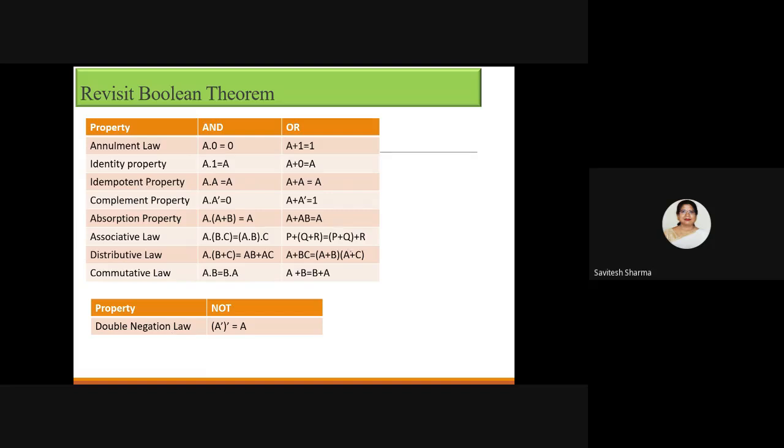Sometimes you will find these words, so please remember them. Conjunction is Boolean AND, and disjunction is also known as Boolean OR.